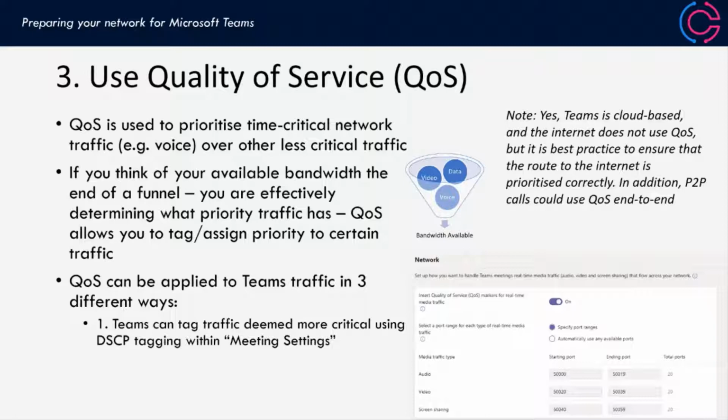And the way you do that is you tag the data using what they call DSCP tagging, which is a way of marking the traffic with a particular value, and that will tell any network equipment that this traffic is to be given a higher priority than, say, web traffic.